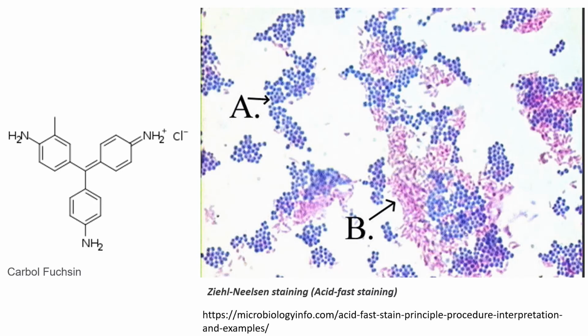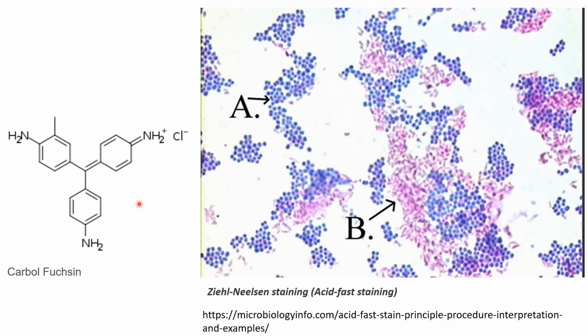What about carbolfuchsin? Here we have a positively charged functional group, and we are actually making a salt, with chloride here. So this positively charged functional group makes this carbolfuchsin basic. Therefore this is a basic dye or basic stain.